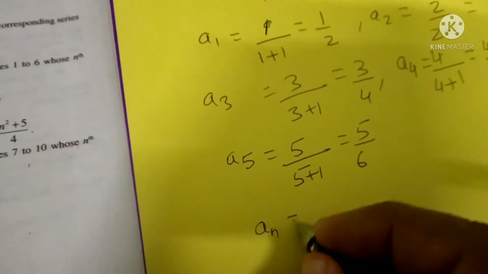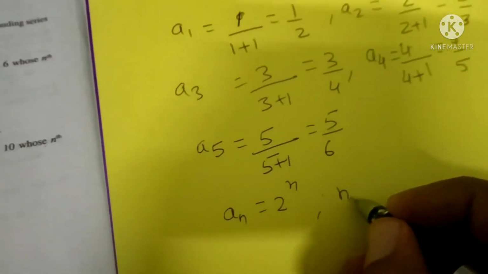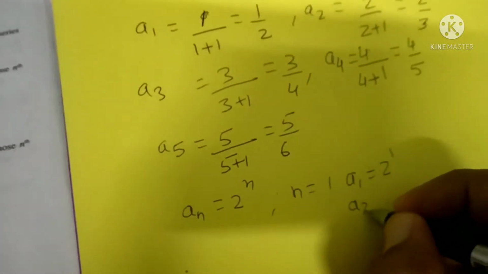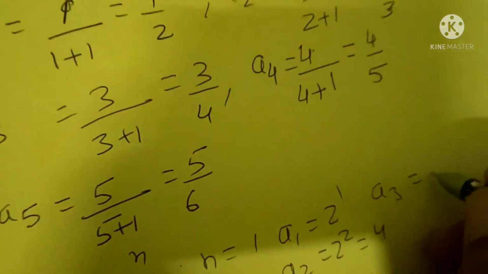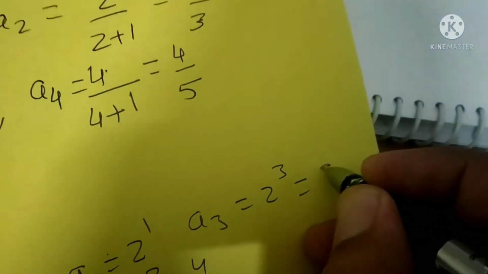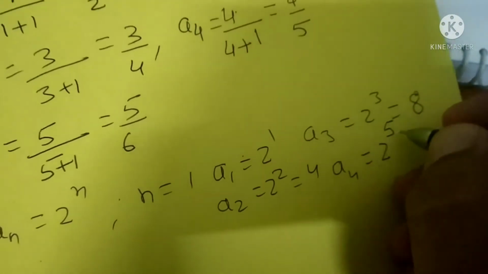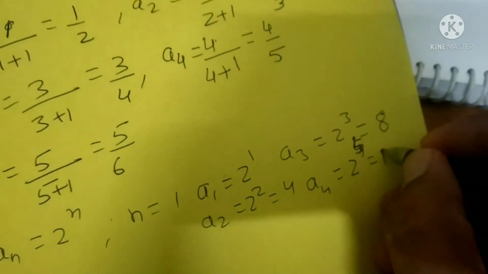The second part भी हो गया. Now the third part is an is equal to 2 to the power n. So n is equal to 1, we put down n is equal to 1. So a1 is equal to 2 to the power 1. a2 is equal to 2 to the power 2 equal to 4. a3 is equal to 2 to the power 3 is equal to 8. a4 कितना हो जाएगा? a4 हो जाएगा 2 to the power 4, so this will be 16.